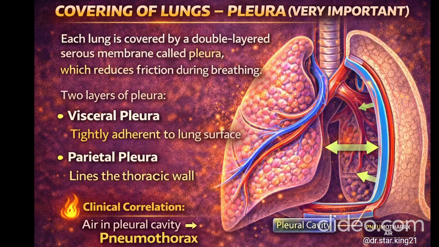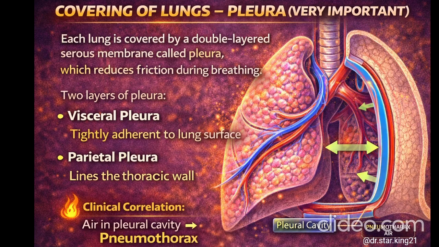This pleura has two layers. The first layer is called the visceral pleura and the next is the parietal pleura. Based on position, the visceral pleura is tightly adhered to the lung surface, whereas the parietal pleura is lined to the thoracic wall.